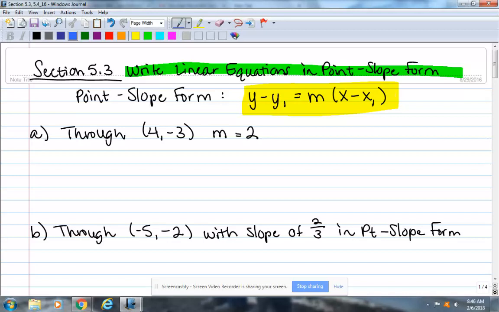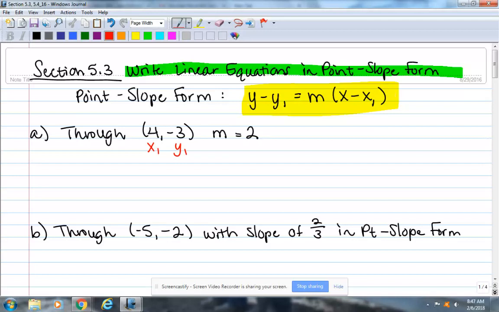Slope, okay? But your y1 and your x1 come through your ordered pairs. Okay, so your ordered pair is your x1 and your y1. And that's all you need. Point slope form needs a point and a slope. It tells you in the name of it what it needs. Okay, point slope form needs a point and a slope.